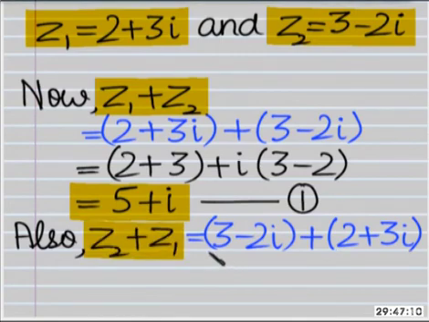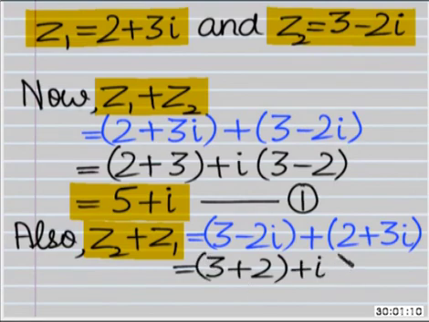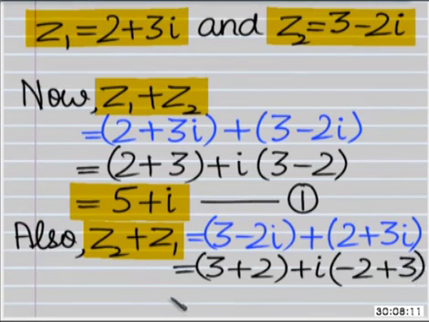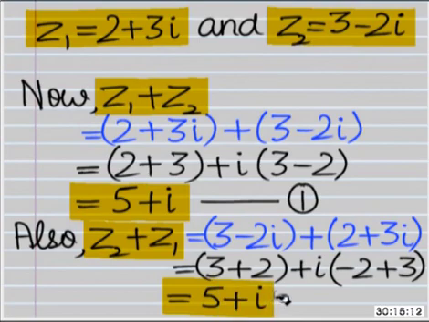Now, on combining the real and imaginary parts and then solving, we get z2 plus z1 is equal to 3 plus 2 plus iota whole multiplied by minus 2 plus 3, which is equal to 5 plus iota. Let this be equation number 2.